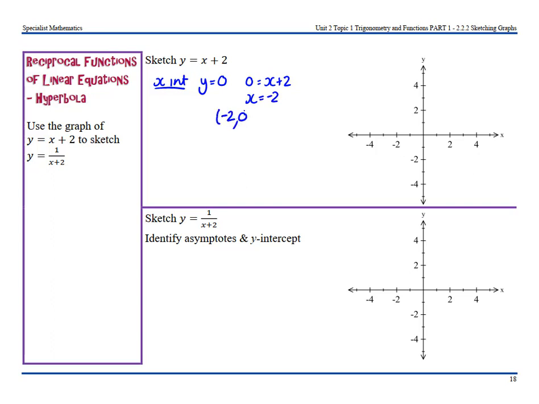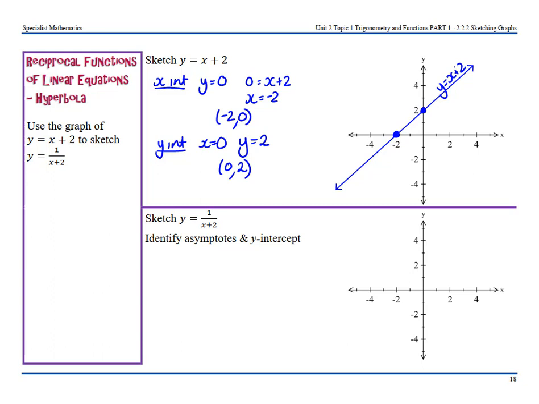So negative 2, 0. Our y-intercept is going to be at x equals 0, so y equals 2, so that's 0, 2. So we have negative 2, 0 and 0, 2, and we need to join those dots. So that's the line y equals x plus 2.